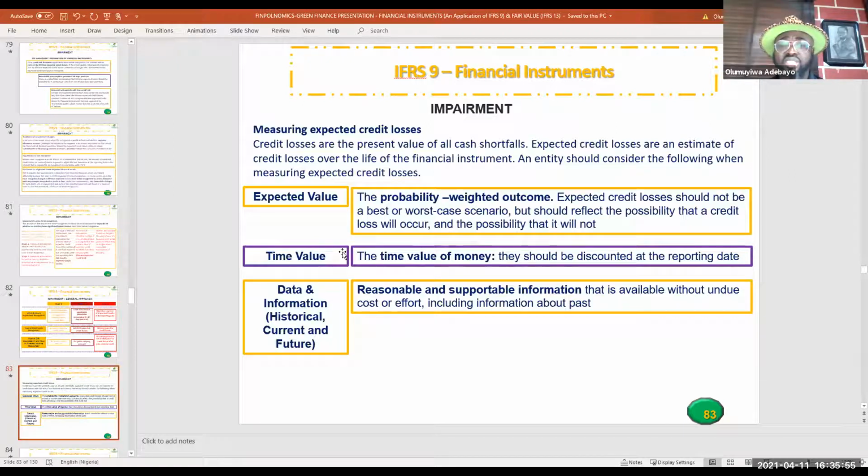Now, you always consider the effect of time value of money, which requires you to discount all your future cash flows, whether by way of shortfall or otherwise, from the future back to your reporting date, which represents your today. And you need reasonable and supportable data and information as an input to your model.